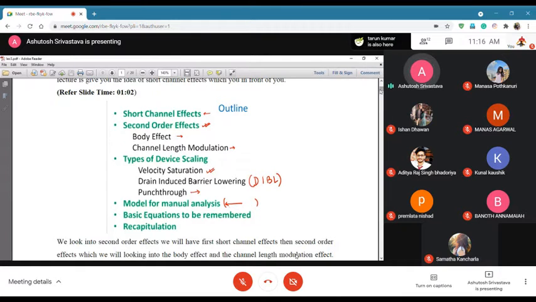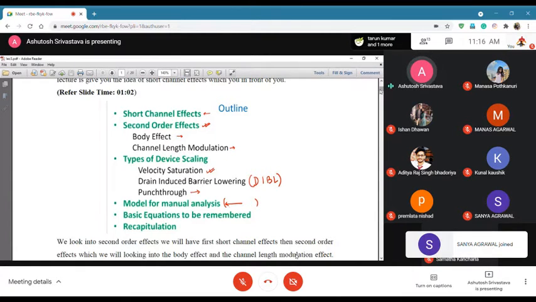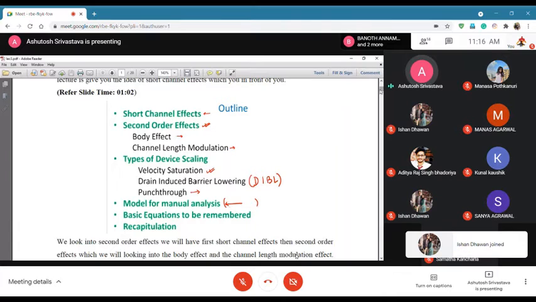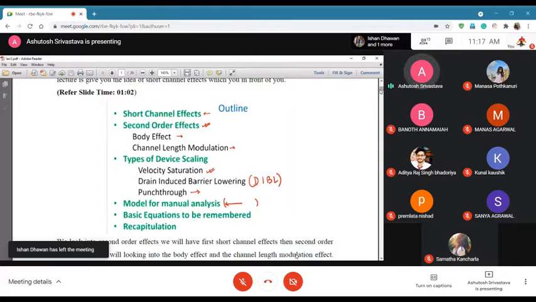As the dimensions of the transistors were scaled down, there were naturally occurring phenomena due to physics limitations, which were velocity saturation, drain-induced barrier lowering, and punch-through phenomena. So these are the ill effects of scaling down.